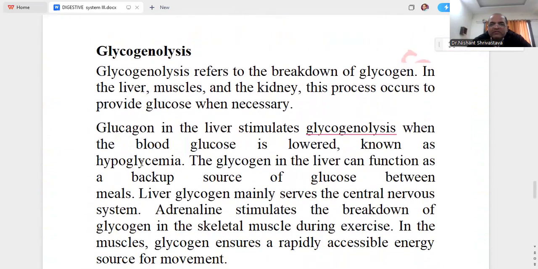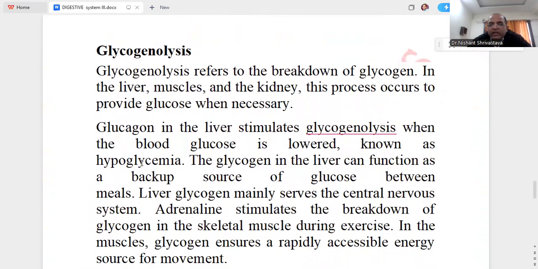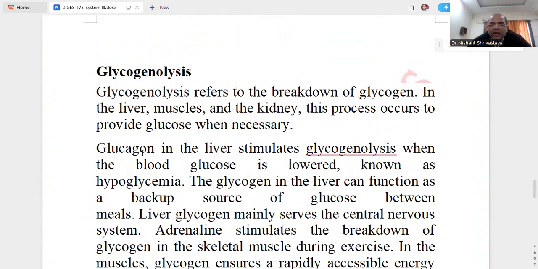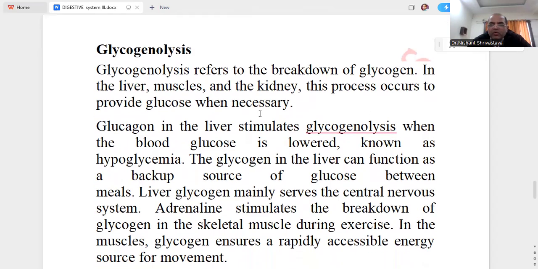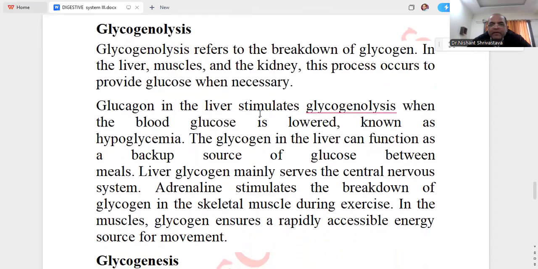So the next process is glycogenolysis. Lysis means breakdown of the glycogen molecule. So glycogenolysis refers to breakdown of glycogen in the liver, muscles, and the kidney. This process occurs to provide glucose when necessary.